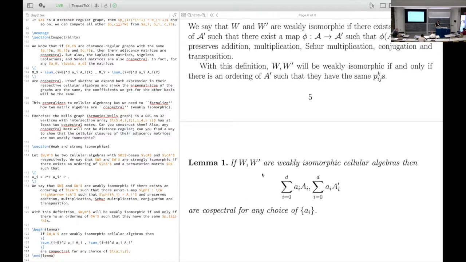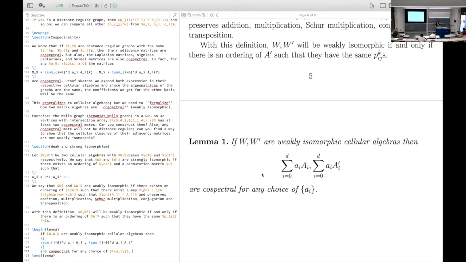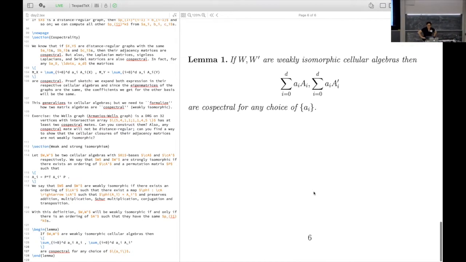Okay, so there's a little bit of formalization because in the cellular algebra, the eigenvalues don't work as well as before, but this will still be true. If they're strongly isomorphic, and A1 is the adjacency matrix of some graph, then it will be isomorphic to the other graph. But this weak isomorphism is sort of the thing that we want.